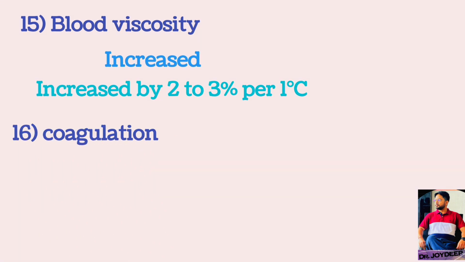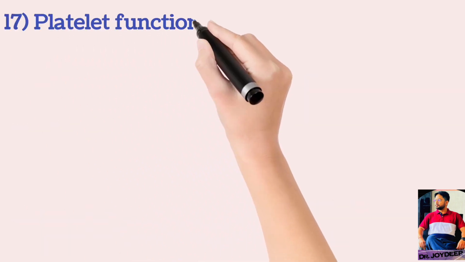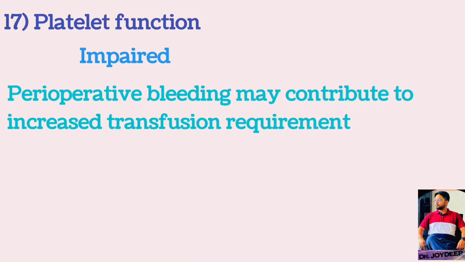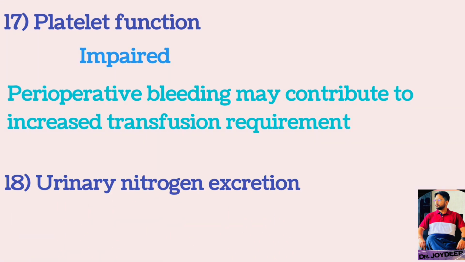Coagulation is impaired. This is due to the decreased circulating coagulation factors, as well as sequestration of platelets in the portal circulation. Platelet function is impaired. This may lead to increased perioperative bleeding. Thus, there is increased chance of blood transfusion. Urinary nitrogen excretion is increased.